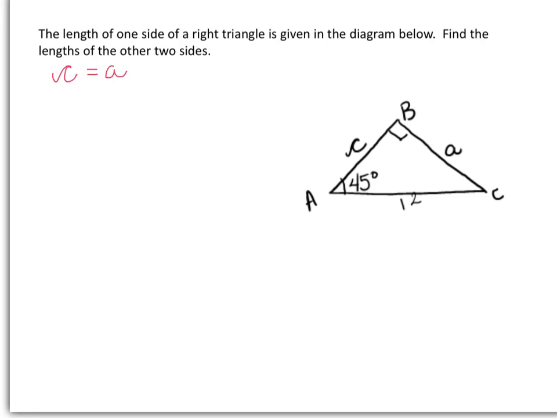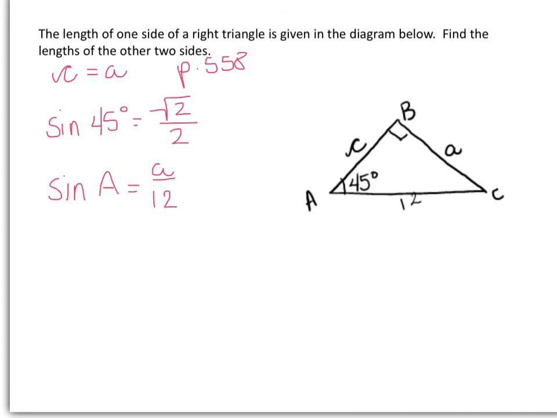Now, if I look at the chart on page 558, I can see that the sine of a 45-degree angle is the square root of 2 over 2. Well, I know that the sine of A, in this case, is A over 12.